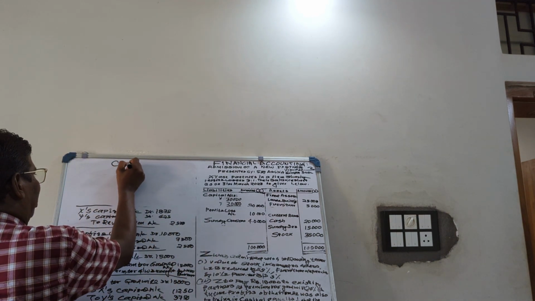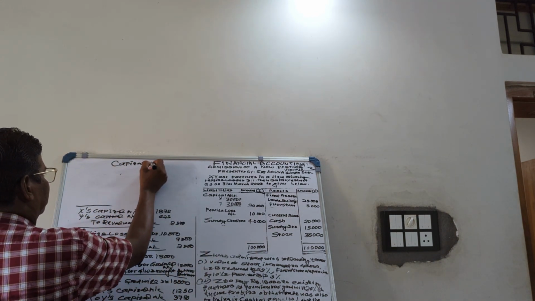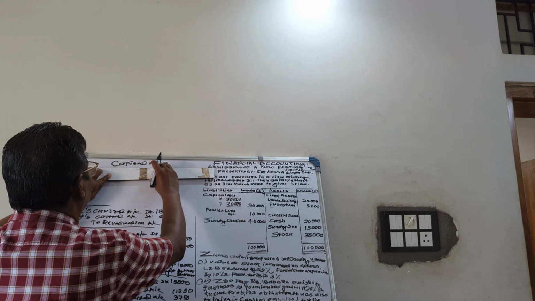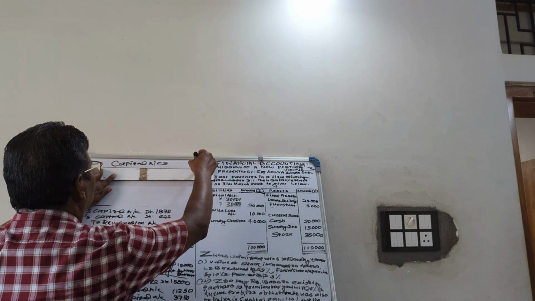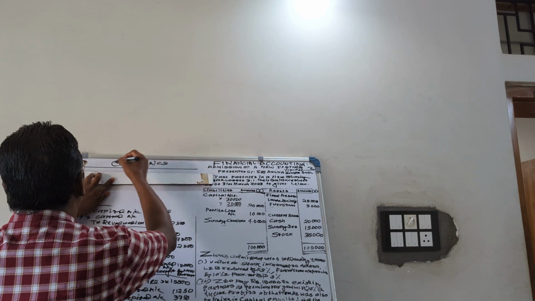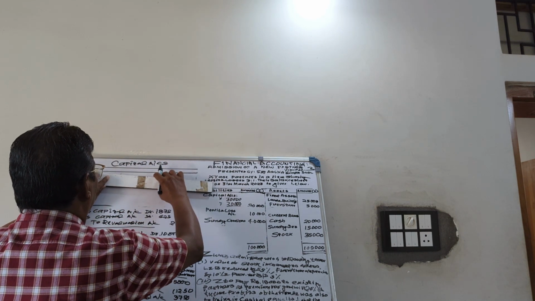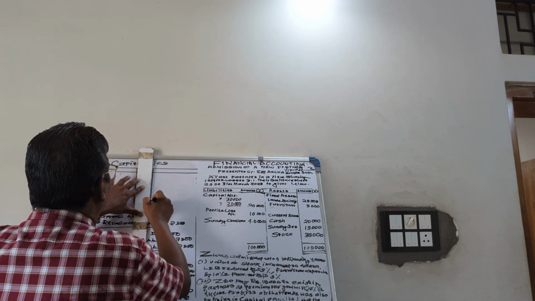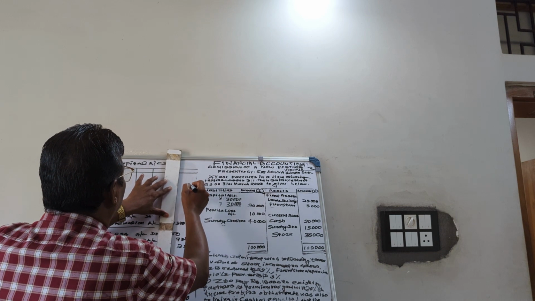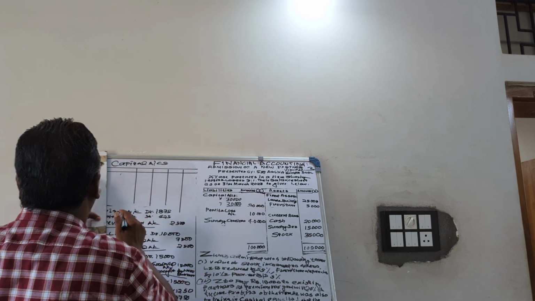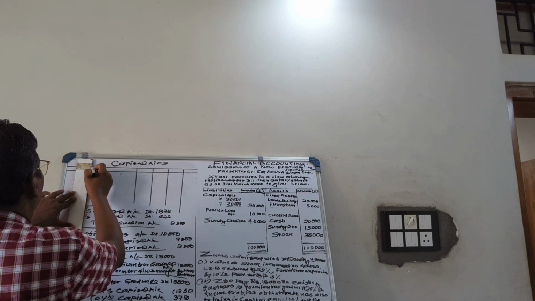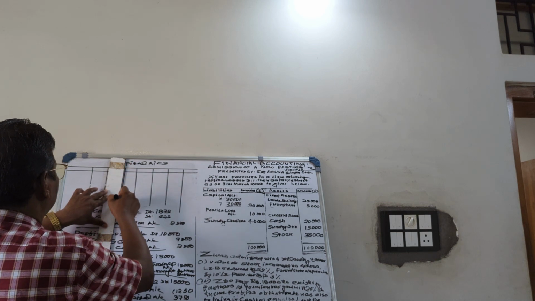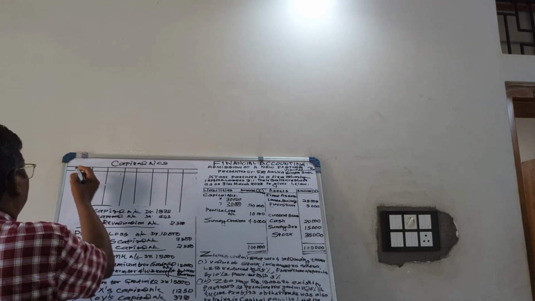So we will prepare the capital accounts. Left hand side is debit side, so we'll write D here.